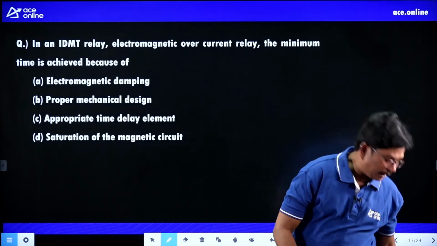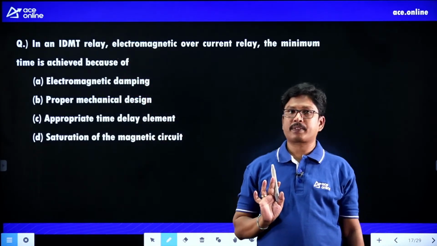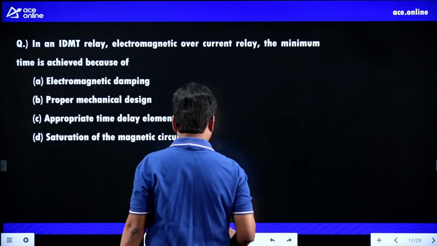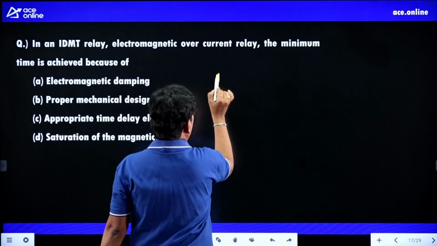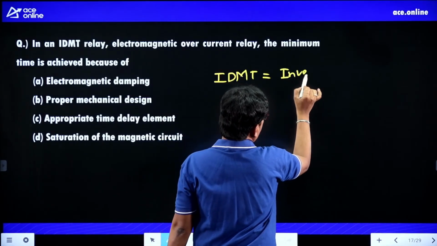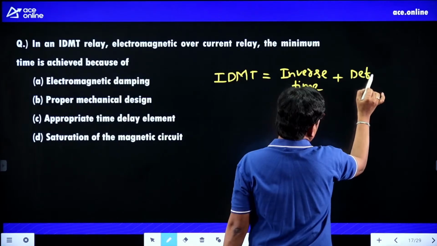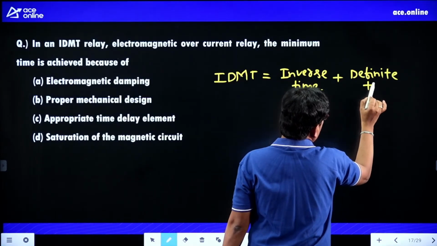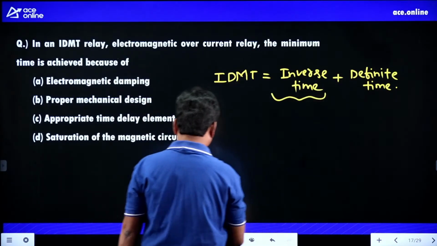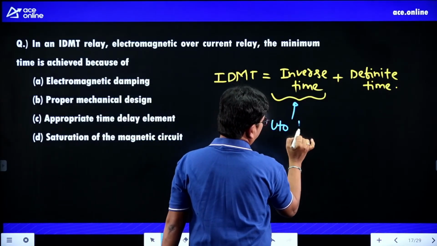IDMT characteristics means there should be inverse characteristics, and next definite time characteristics, both should be there. So the IDMT relay is giving inverse time characteristics plus definite time characteristics. Right? So inverse time characteristics up to the saturation, that is inverse time. So it is up to saturation.